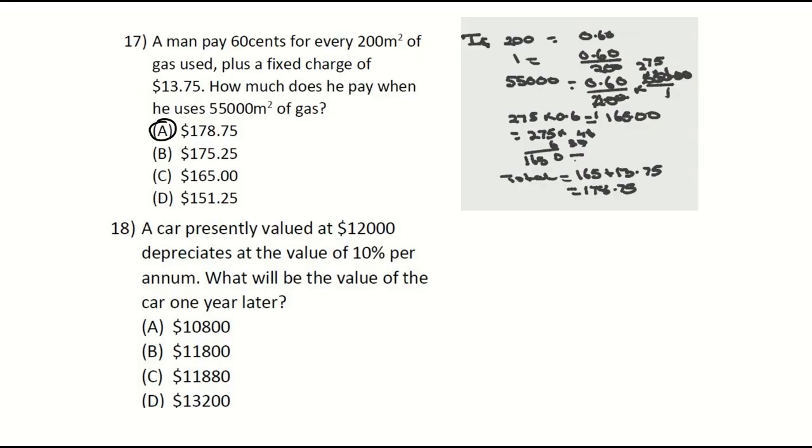The answer for this is 10,800. You find 90%, which is how much the car is worth now. 90% of this is 108, and you add 2 zeros, so A is your answer.